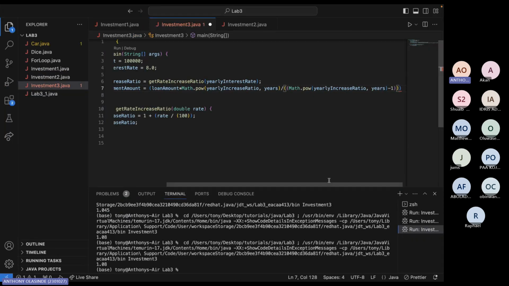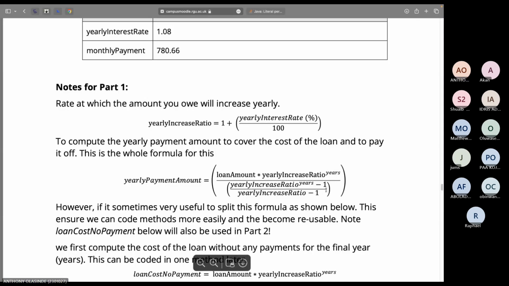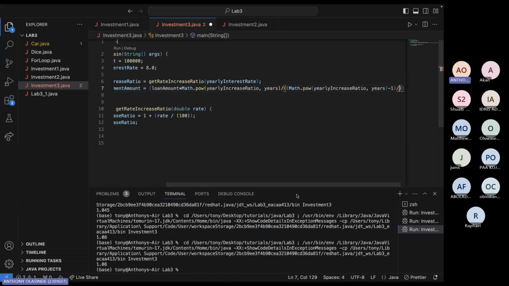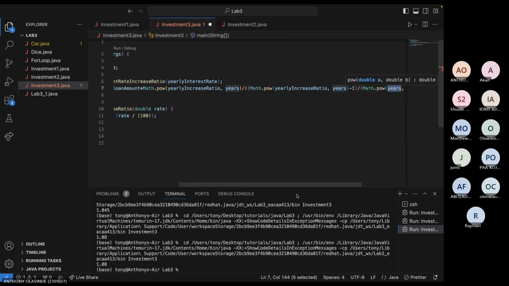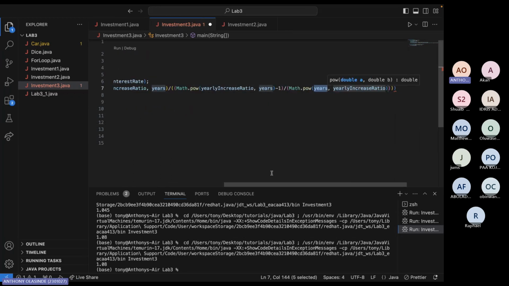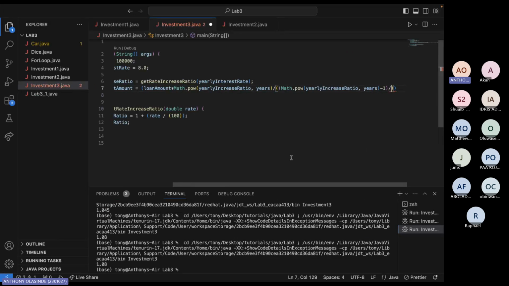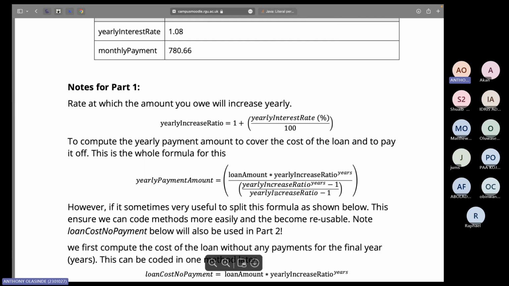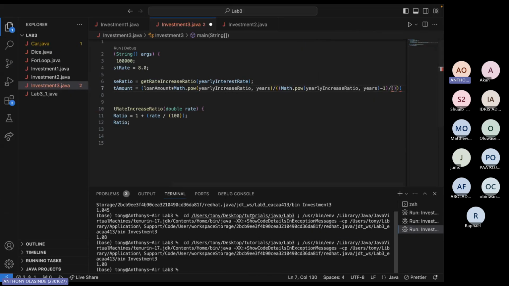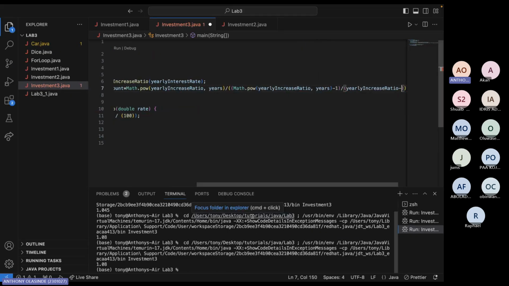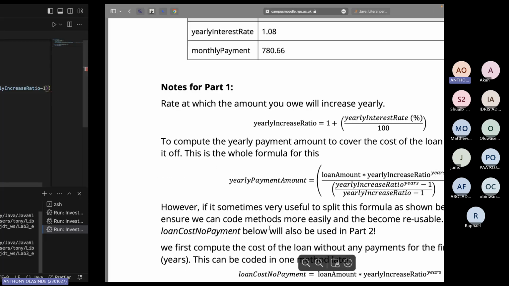Then I want to divide everything inside this purple bracket by this one. I'll also put that in its own small bracket. So Math.pow again. Then that's yearly increase ratio. Oh, there's no power. That's good. So bracket, just yearly increase ratio minus 1. And I think that's it.